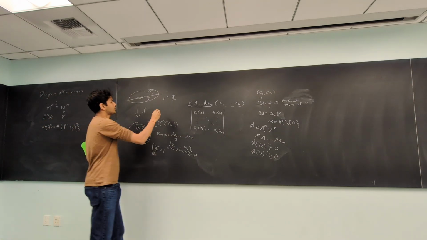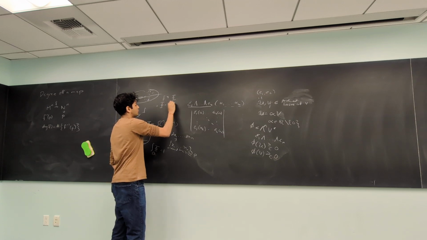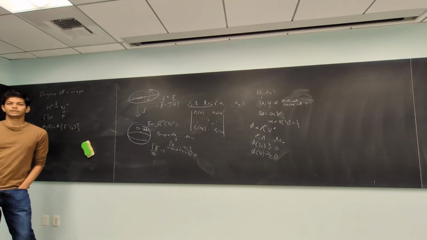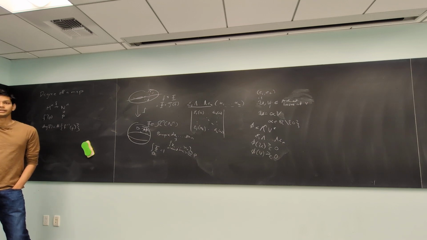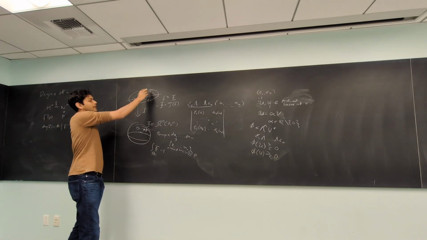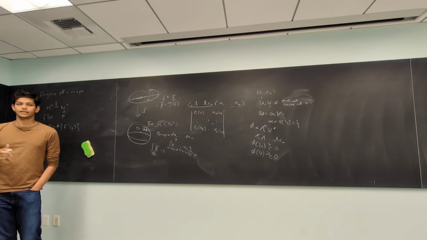So f star phi is essentially equal to phi composed with the Jacobian of f. This is what's detecting whether the Jacobian has a positive sign or a negative sign, whether f star phi integrates to 1 or -1 on these disks. Does that make sense?